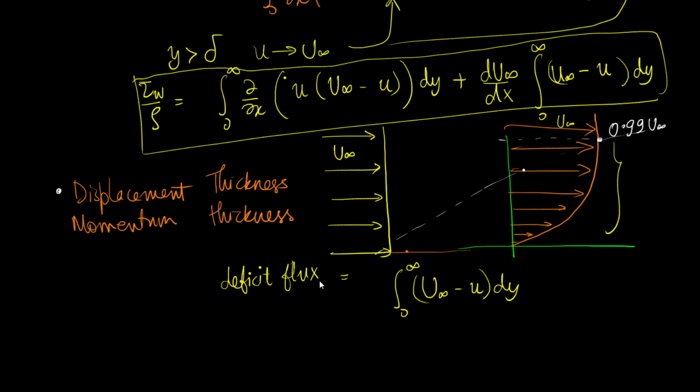So the question is, in order to match this deficit in the flux, what would be an equivalent displacement with this free stream velocity to account for this? So the equivalent displacement to account for this deficit will be equal to that displacement thickness multiplied by u infinity.